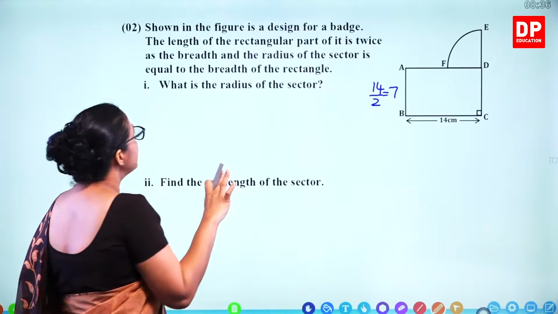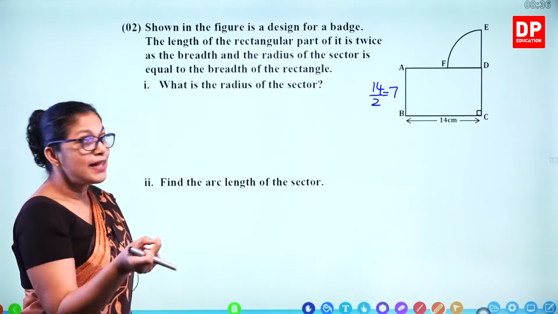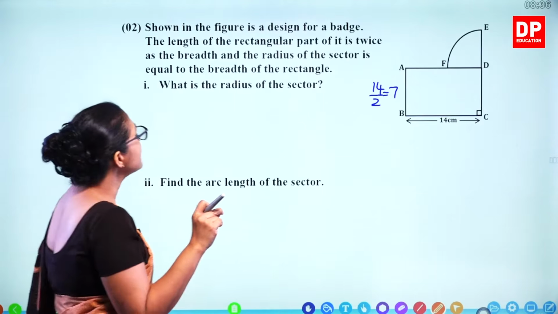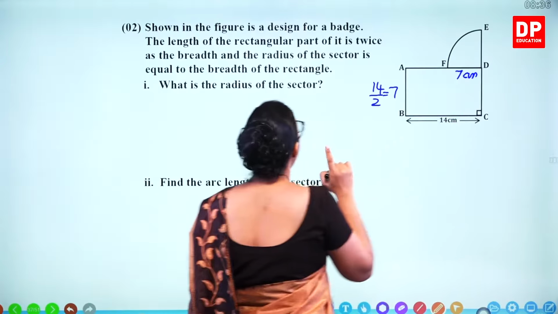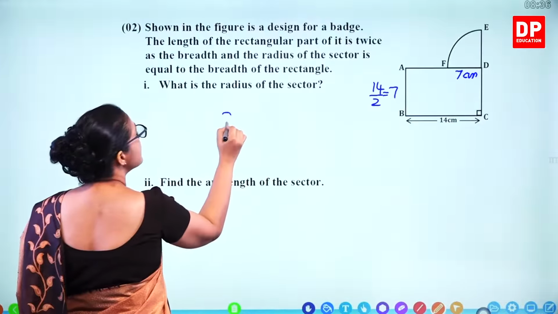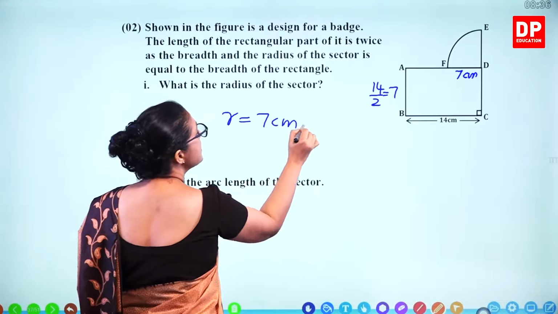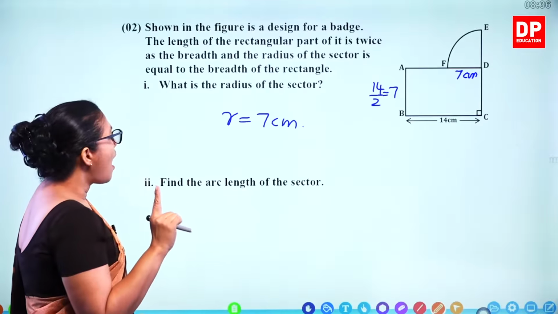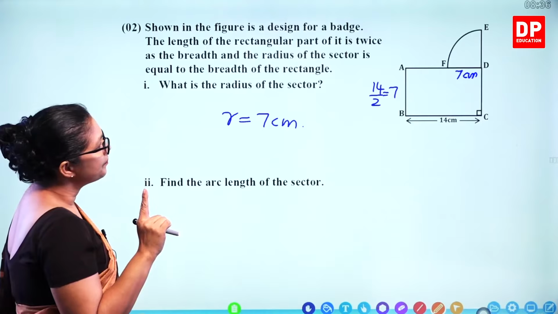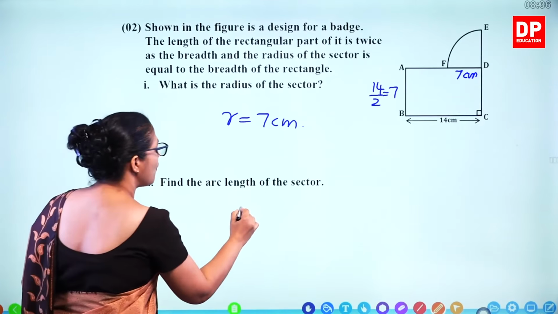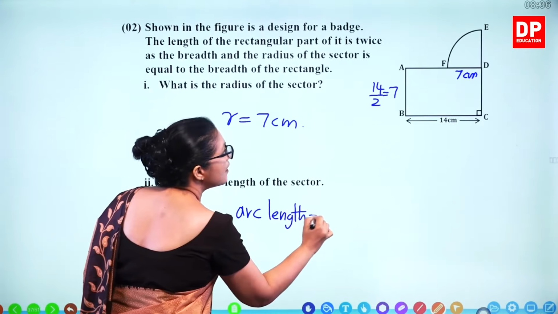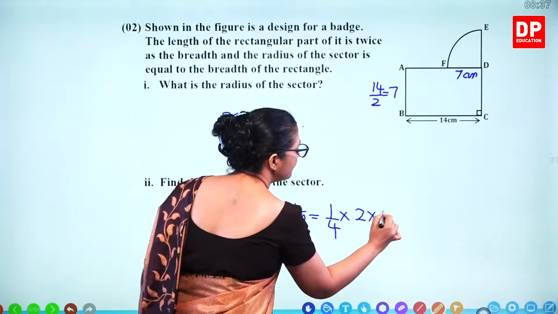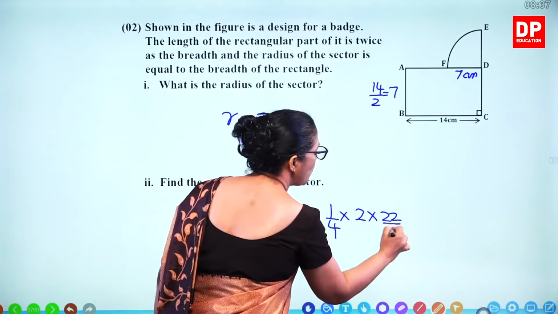14 divided by 2, that's 7. The breadth is 7, and it says the breadth is equal to the radius of the sector. So that's the first part. The radius is 7 centimeters. Find the arc length of the sector. How do you find the arc length? This is a quarter of a circle, 1/4 times 2 pi r. Pi is 22 over 7.